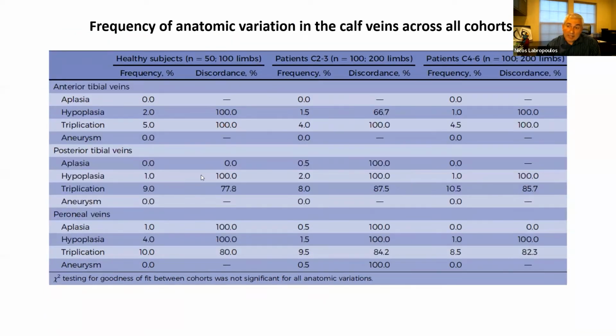And also, when we look at the calf veins, it was even more common because the variability in the calf veins is higher. And here we look only for overt changes, and we do not look at all the veins. And yet, the chance of being symmetrical is 0%.